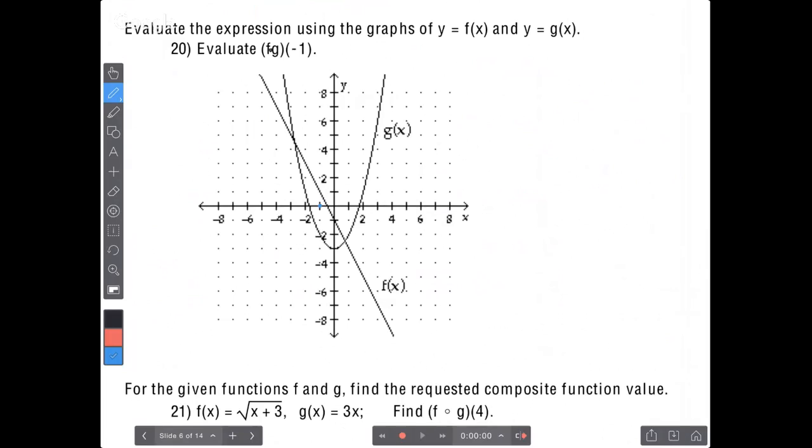It goes into g of x first. Negative 1 goes into g of x, and I can see that the output when we're at negative 1 is right here. This is negative 1, negative 2. So that means I should be able to take that negative 2 and plug it into f of x. So f of x, when I plug in negative 2, gives out 3.